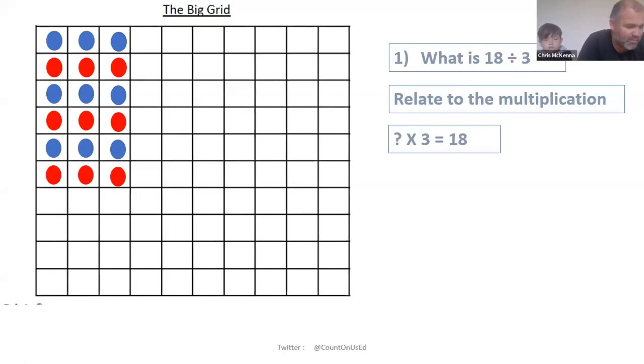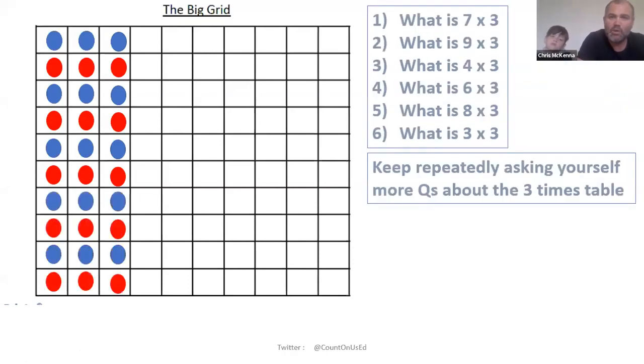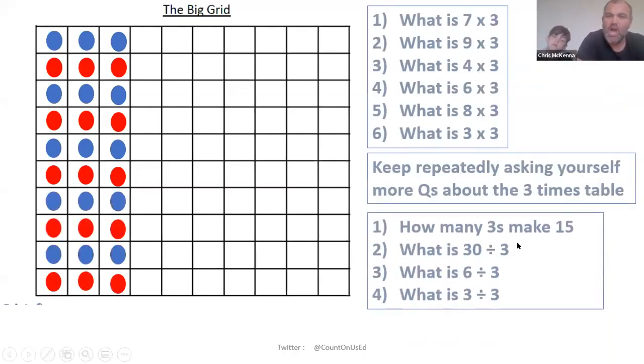I've got another question coming through. Would you always start talking about division at the same time as multiplication? Yeah, I think it's important, Susan. They all link in together. When I flick back a couple of screens, I was saying how many 3s make 30, or how many 3s are in 21.